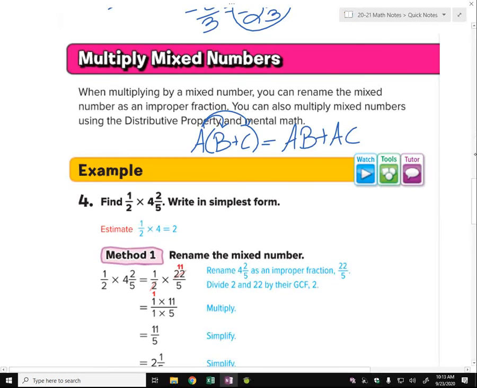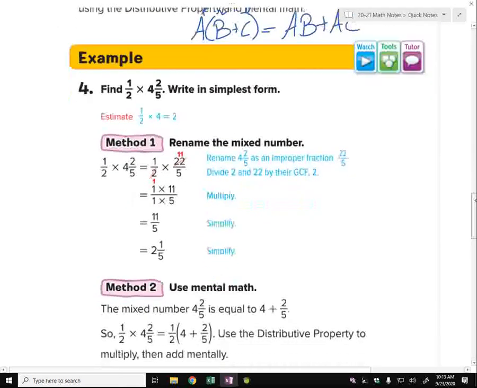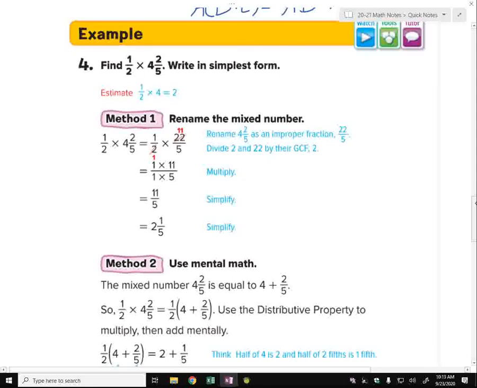So with the distributive property, we have: find 1/2 times 4 2/5. We're going to write in simplest form. Method 1 is to do a mixed number. That's what we've done in the previous examples. I'm going to make it an improper fraction, which is 4 2/5 becomes 22/5.